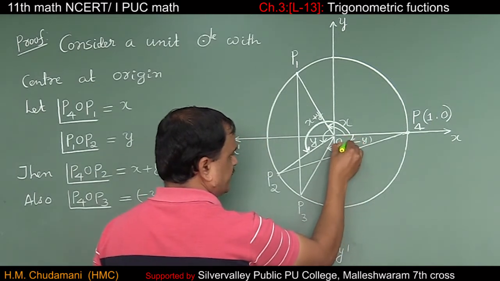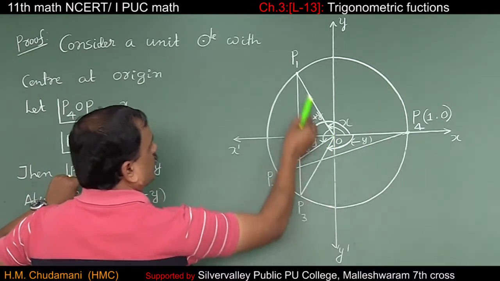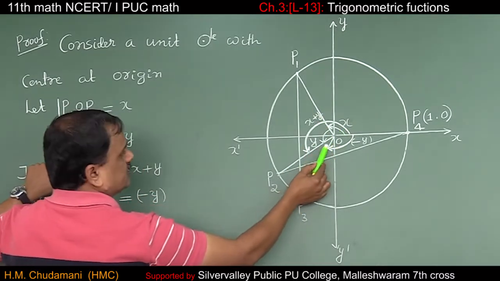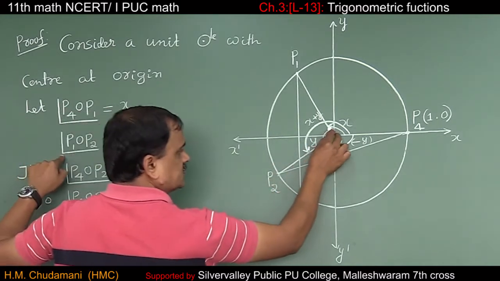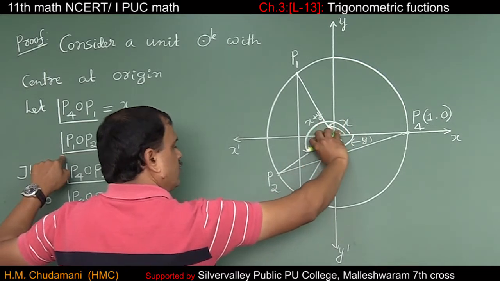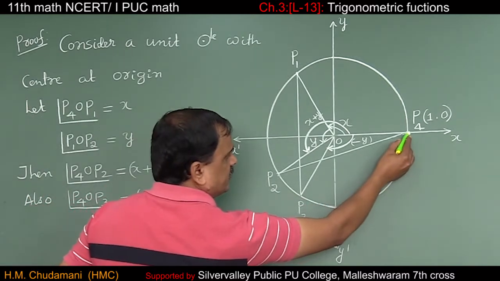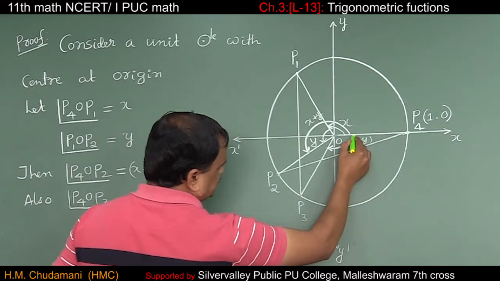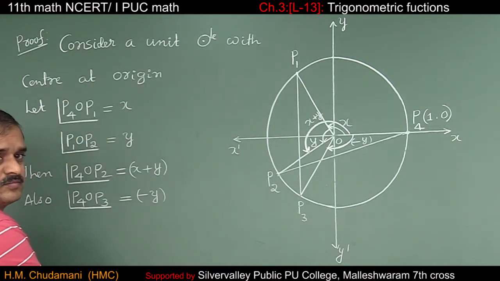This is the amount of rotation. So angle P4 O P1 is x unit, P1 O P2 is y unit, so that angle P4 O P2 is x plus y unit, whereas P4 O P3 is a rotation in the negative direction, so that is minus y unit.